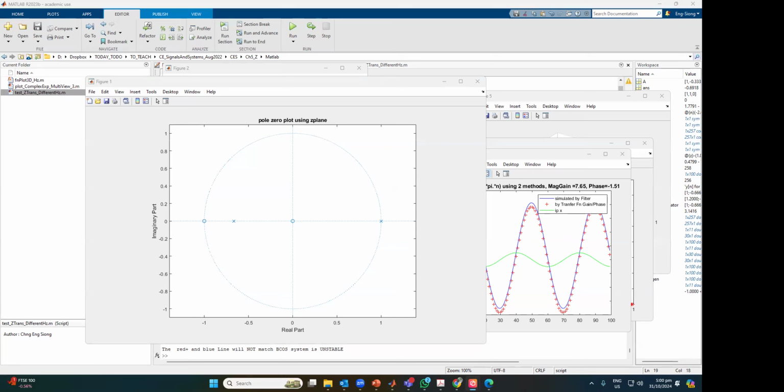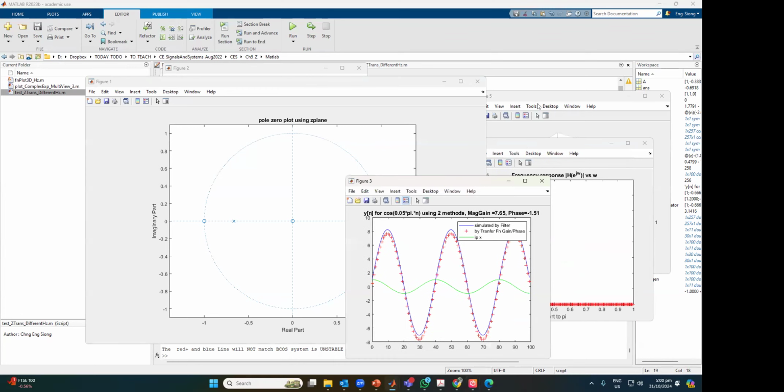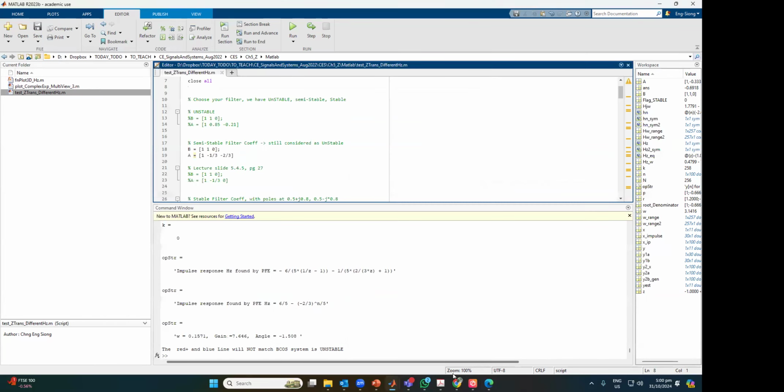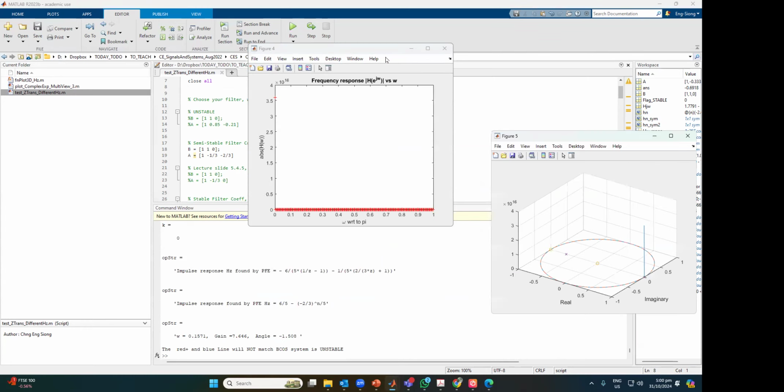On the unit circle, I don't understand. Oh, yeah. The pole is on the unit circle. Therefore, it is partially stable. Partially, yeah. It doesn't blow up, okay? Why partially stable? Let's look at the impulse response first. That's my impulse response, guys.